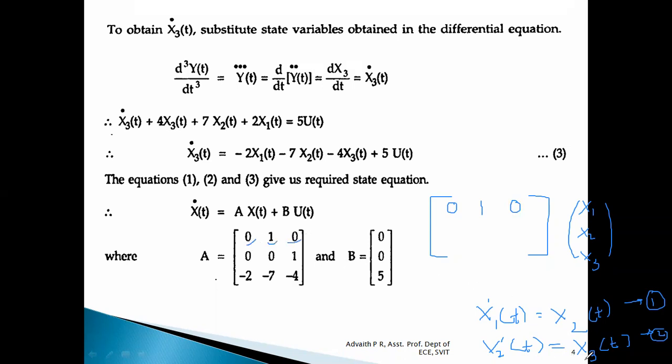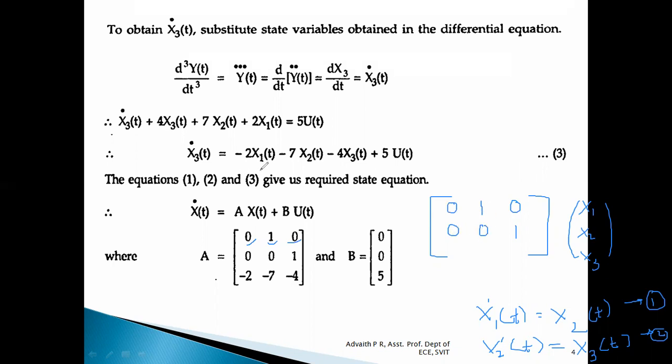Next, similarly, with respect to the second equation, we have only x3 of t. That means x3 of t is the third variable, so only at that particular place we'll have 1. The other 2 terms will be 0, 0 because in the second equation we don't have x1 of t and x2 of t.